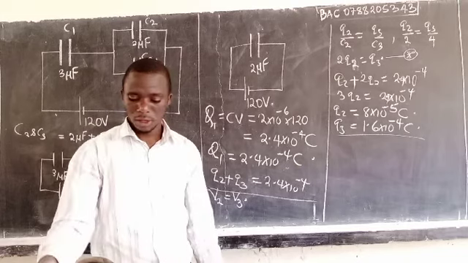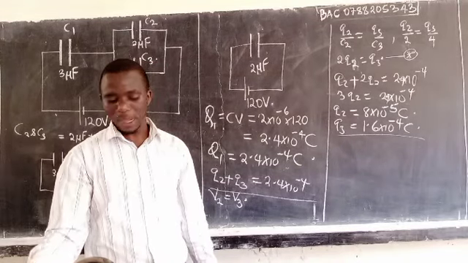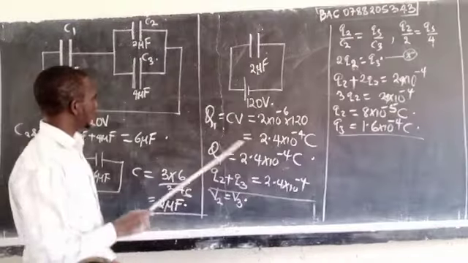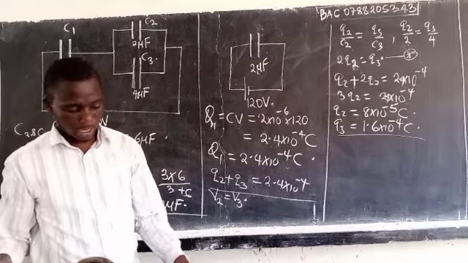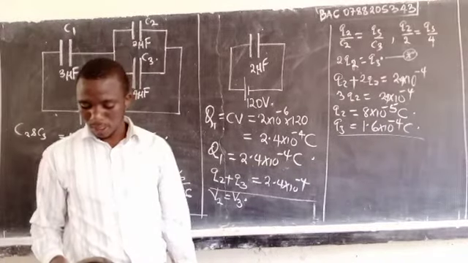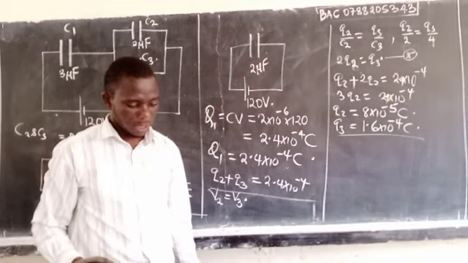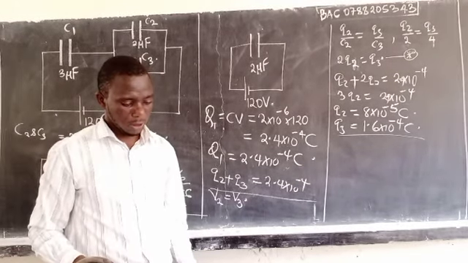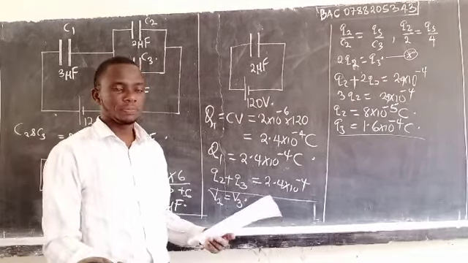Then the other question that we want is the charge on each of the capacitors. So at least we have got the Q1, the Q2, and the Q3. Now we can go to the PD across each. So how do we get the PD across each?